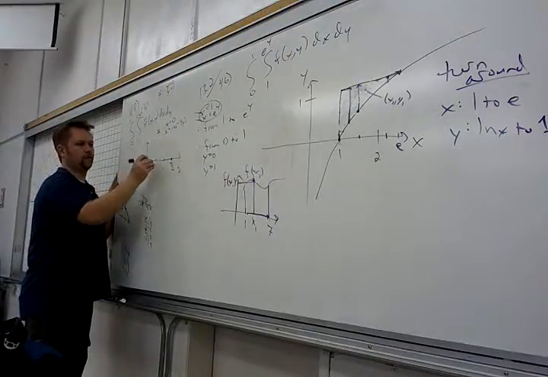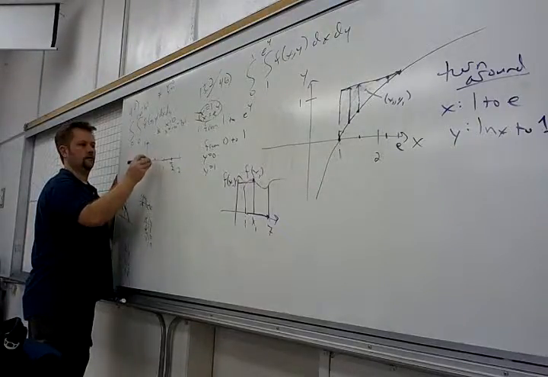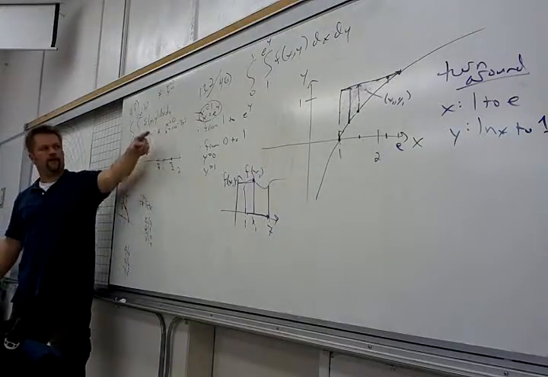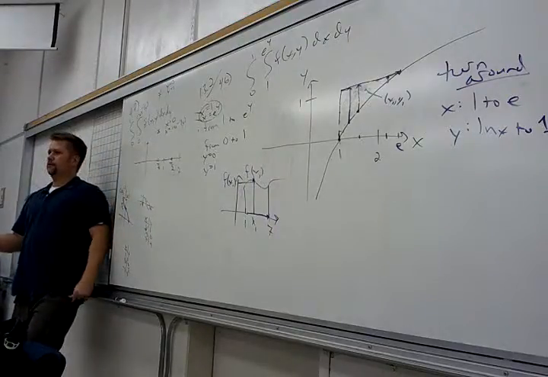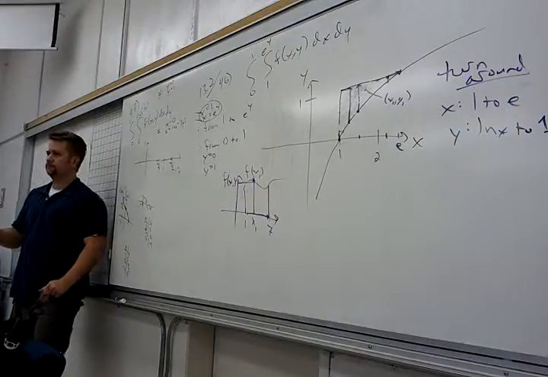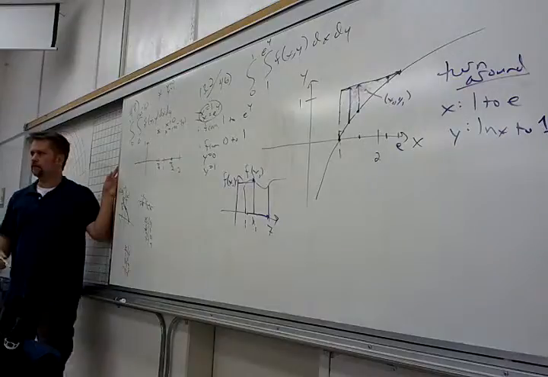So for example, pi over 4, just kind of put something in the middle here. What's the cosine of pi over 4? 1 over square root of 2, which is 0.7 something. Something like that.